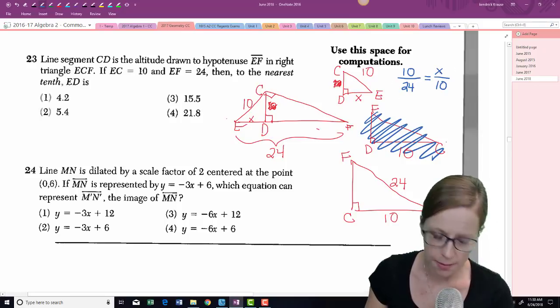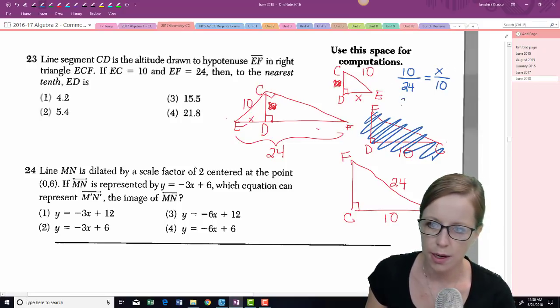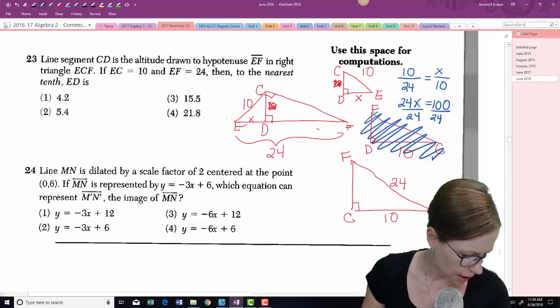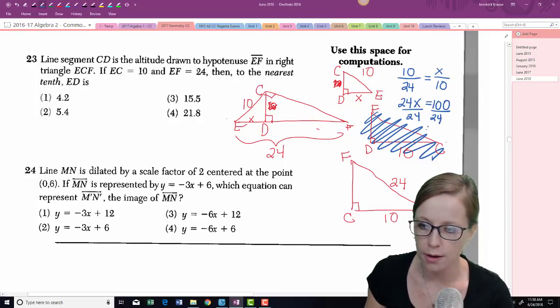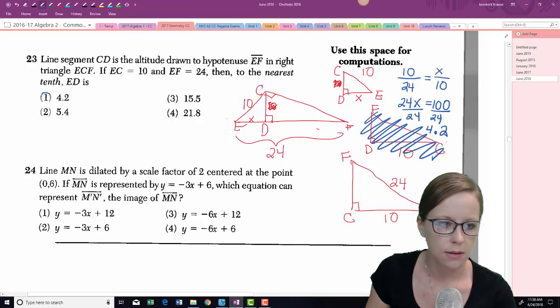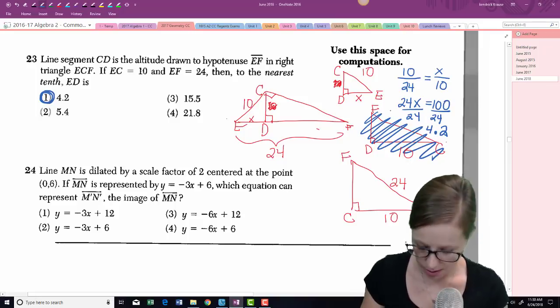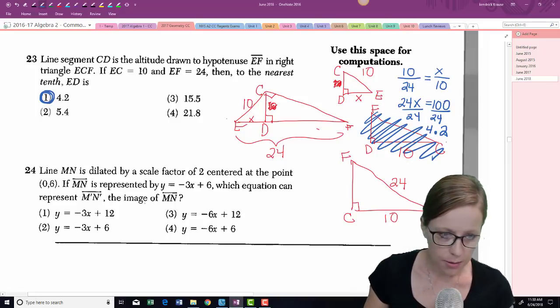So you're going to cross multiply. 24x is equal to 100, divided by 24. And what do we get? We know it's 4.2, I believe. So it'd be choice 1. Sorry that I did that wrong. That was weird. I just labeled wrong.